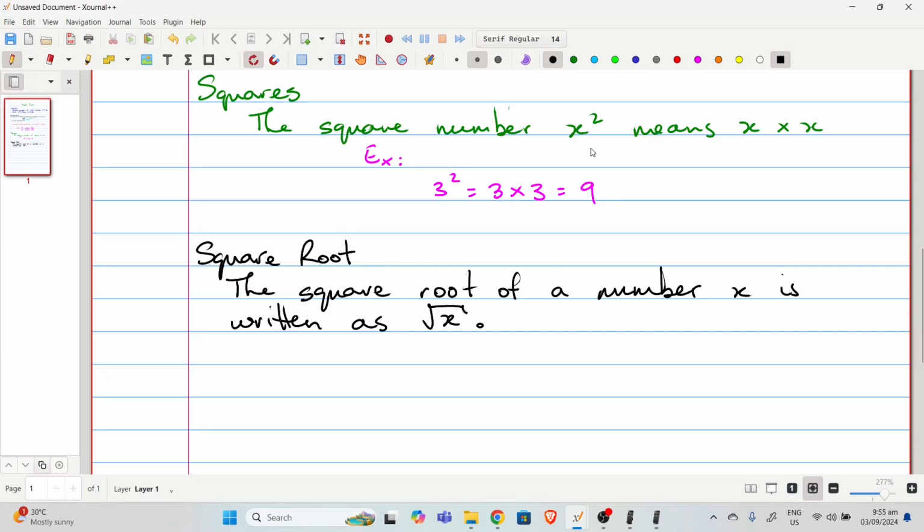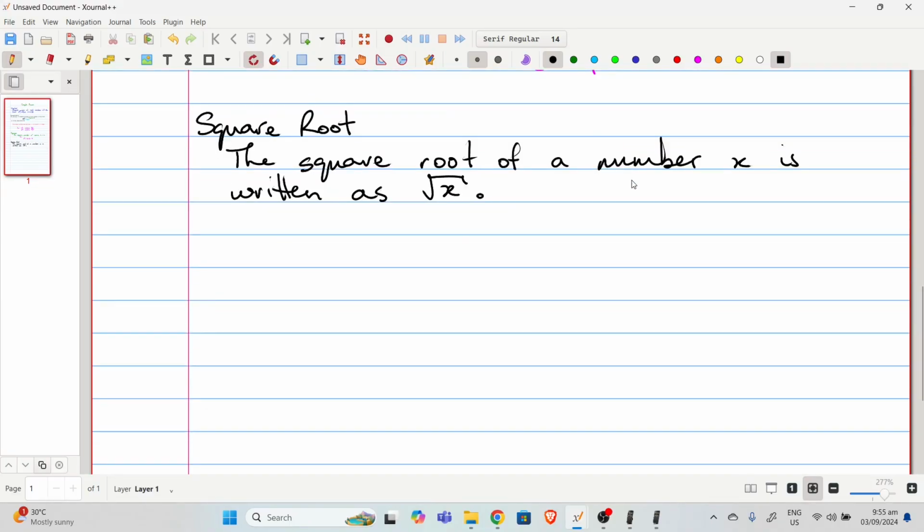That's what the square root of a number means. Think of it as a number which, when multiplied by itself, would give you x.